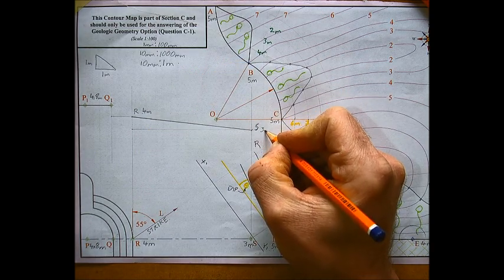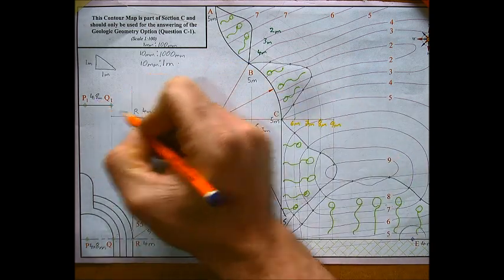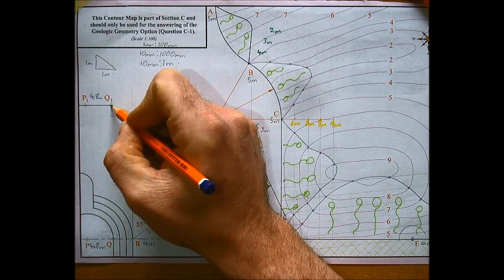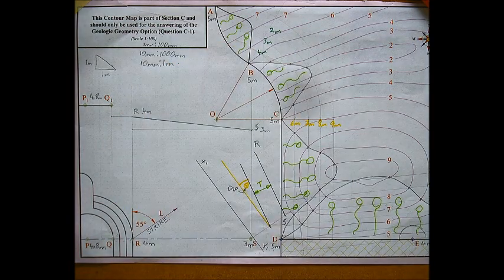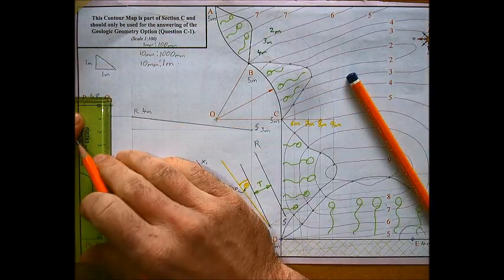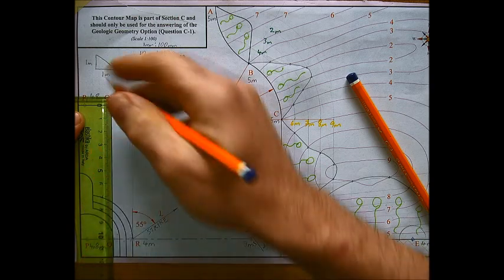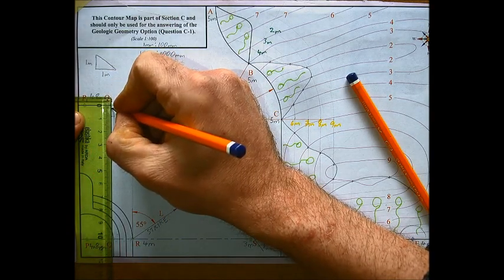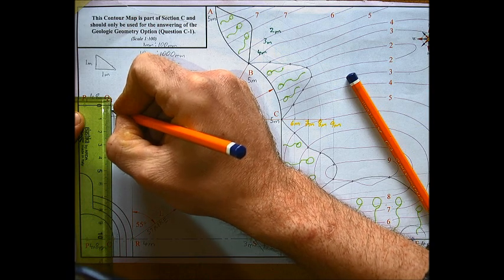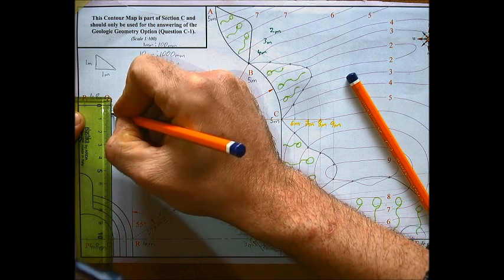We don't really need this anyway, but I'm writing it in. There's a difference of 0.8 of a meter between here and our level line. If we divide that equally, we have 0.2 of a meter between each step, and scaled down to our map, that's 2 millimeters between each step.